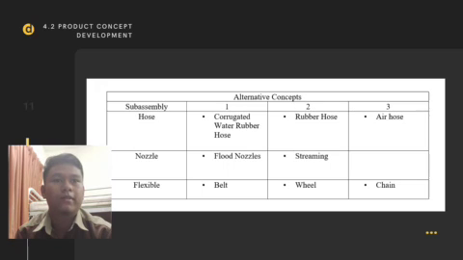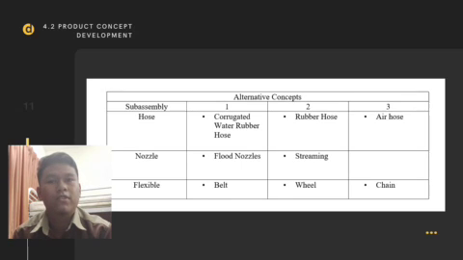The morphological matrix is one of the methods for generating these alternative notions. As we can see in the table, this strategy begins by listing the sub-assemblies in a matrix column and the alternative concepts for each function in neighboring rows.